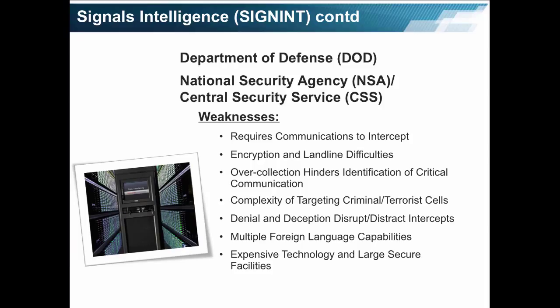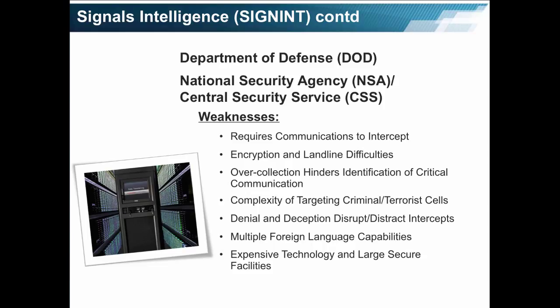What are the weaknesses? It requires communications to intercept, that somebody has to be talking, communicating with somebody to be intercepted. There are difficulties in encryption and in landline infrastructure. The overcollection of data hinders the identification of critical communication. The complexity of targeting criminal and terrorist cells is compounded by the vast amounts of data collected.